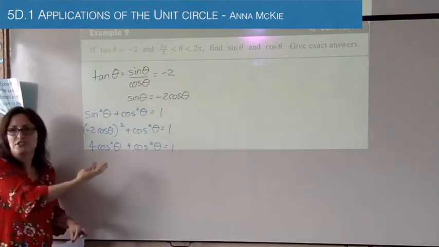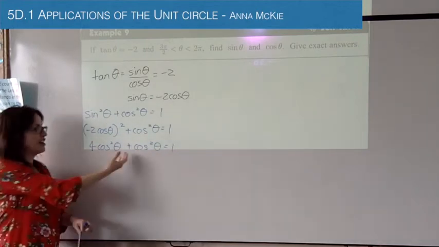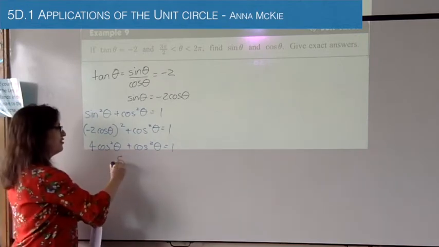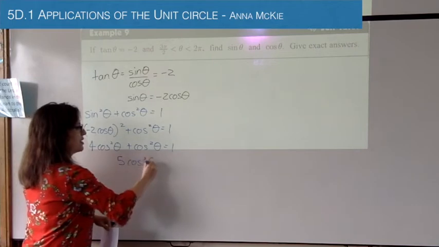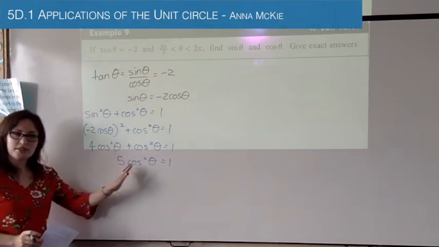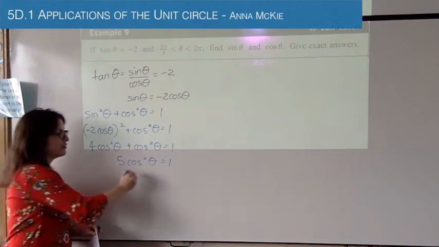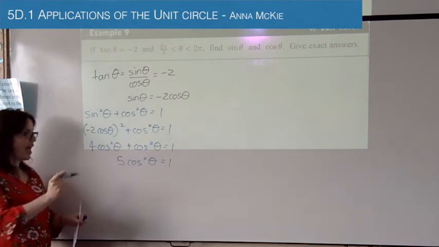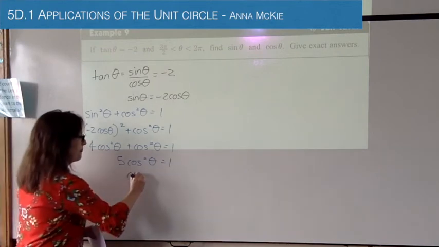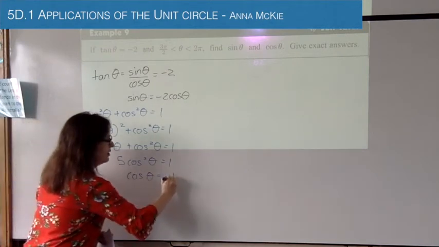I've got 4 lots of cos squared theta, and I want to add on 1 lot of cos squared theta, so I'll end up with 5 lots of cos squared theta is 1. Now I'm trying to get cos theta on its own, so I'm going to divide through by 5, and I'm going to square root both sides. I'm going to do that in one go.